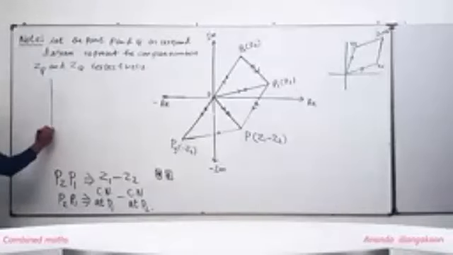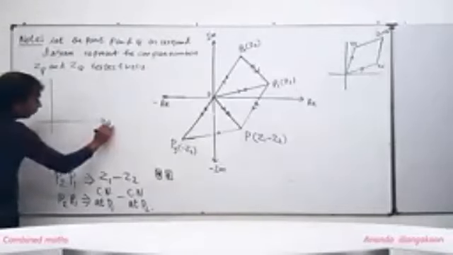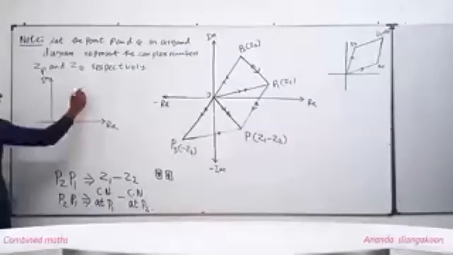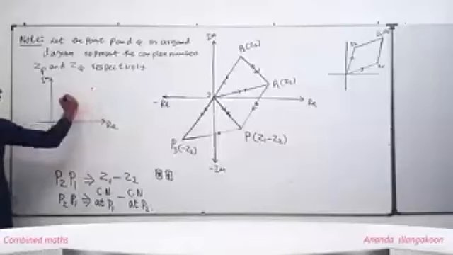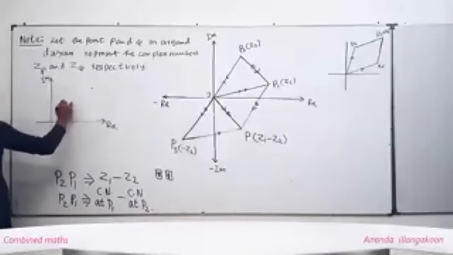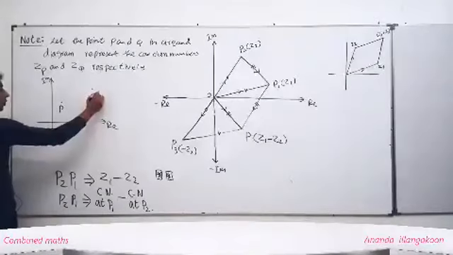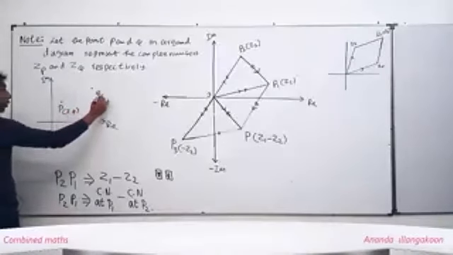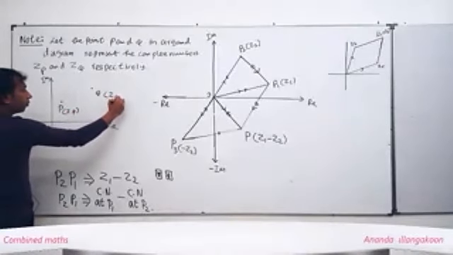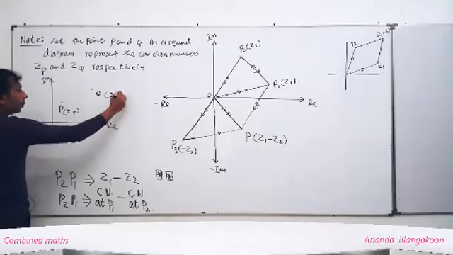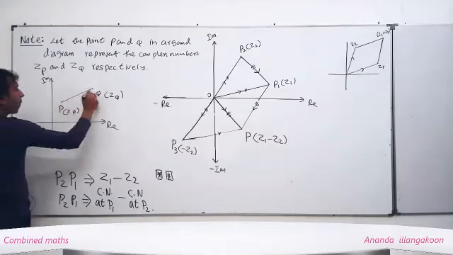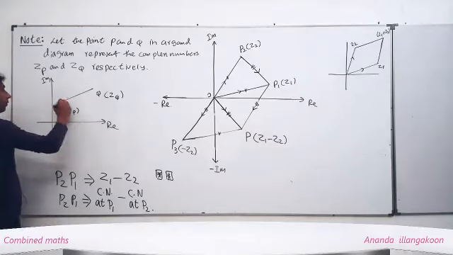Like this. Suppose point here, suppose P, here suppose Q. Point P is at P, point Q is at Q. Right, like this.